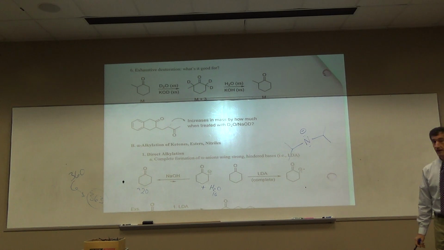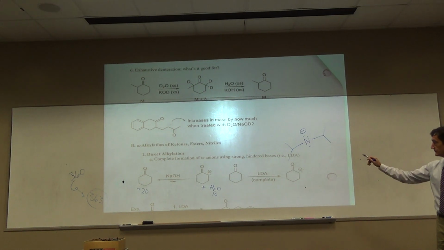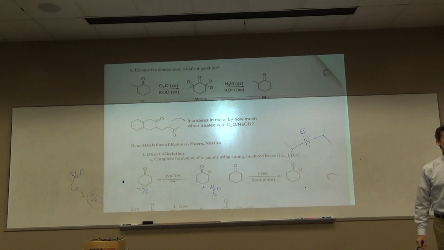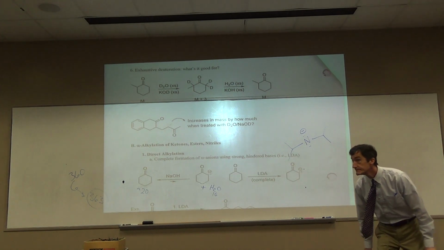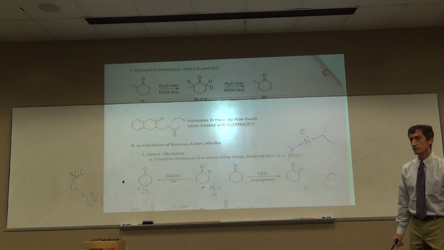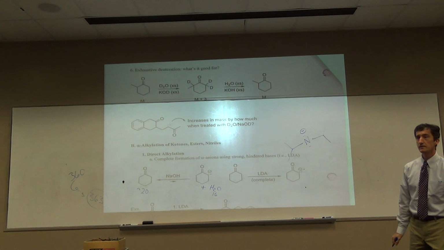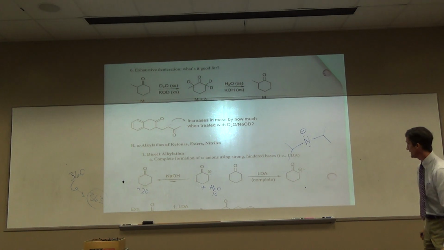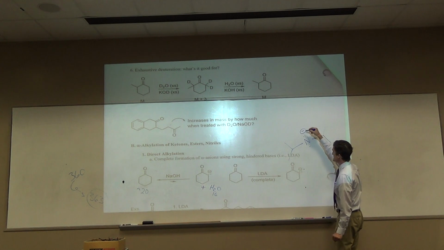What does LDA stand for? Lithium diisopropyl. Have you seen LDA before? Have you used LDA before? It looks familiar from probably a textbook. What's the positive ion here?